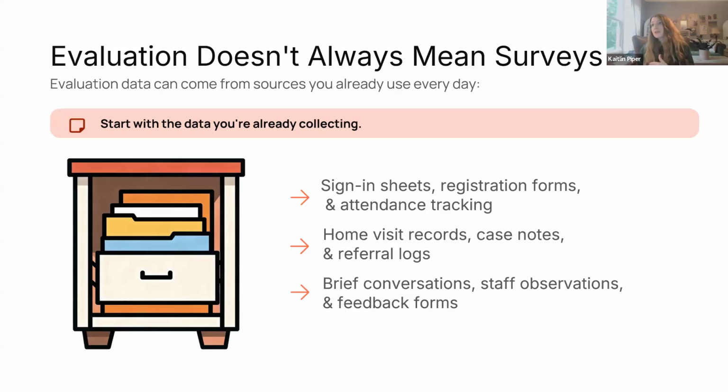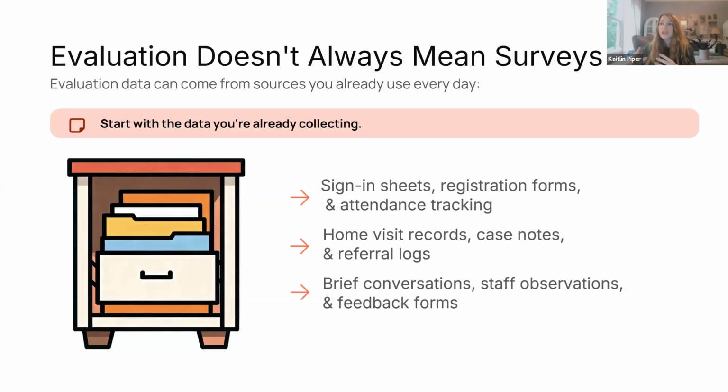So, for instance, if you're interested in participation, you may already have sign-in sheets, registration forms, attendance records that can answer that question. If you're conducting home safety assessments, you might already have home visit records, case notes, referral logs, other kinds of follow-up documentation that can provide useful information.